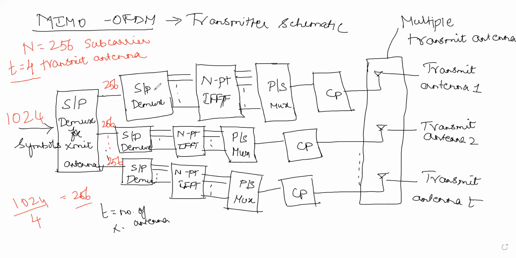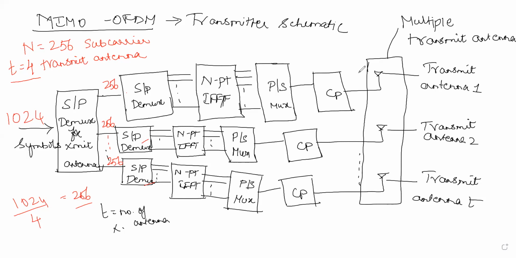Each path will have 256 subcarriers. So we are dividing the symbols among each of the 4 transmit antennas.